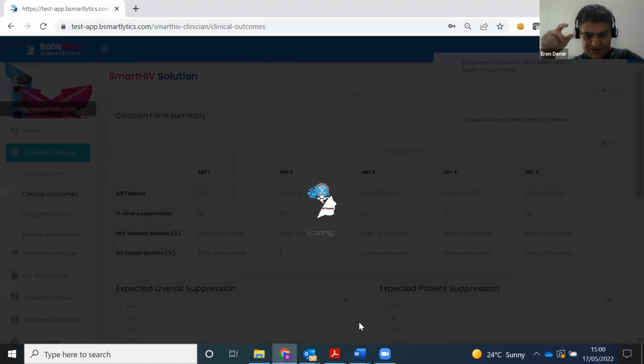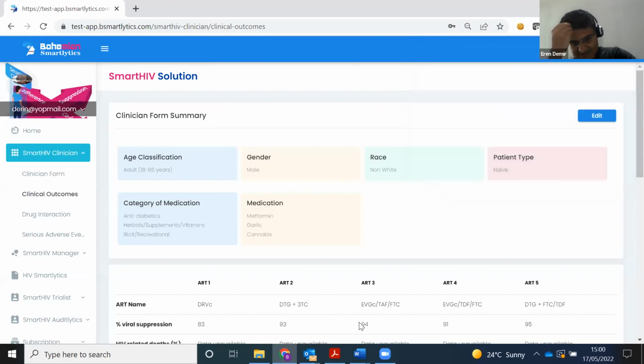What this is doing is that it brings all of the existing clinical trials that have been conducted since 2015. We're talking about thousands, in fact, 74,000 journal articles screened, with a database at the back end which has information about all of the conducted clinical trials, broken down by patient attributes and their suppression information.